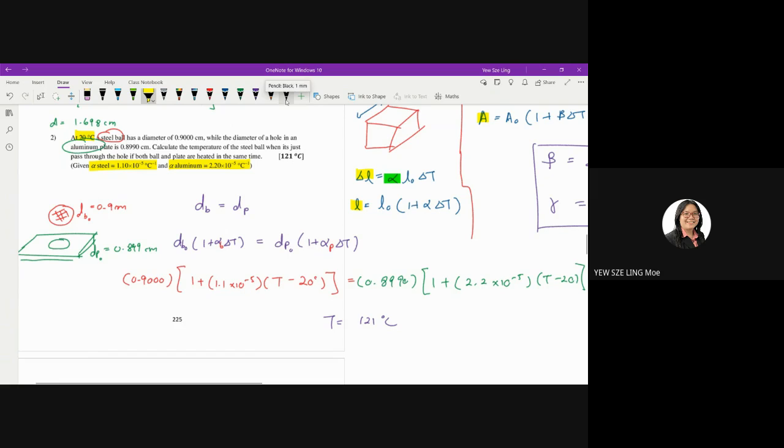Sometimes the question might ask you to explain why. Then you explain in terms of the values of alpha. Alpha aluminum is larger than alpha steel. Therefore, aluminum expands faster than the steel ball. That's why when you heat it up to a certain temperature, the hole will become large enough for the ball to pass by.